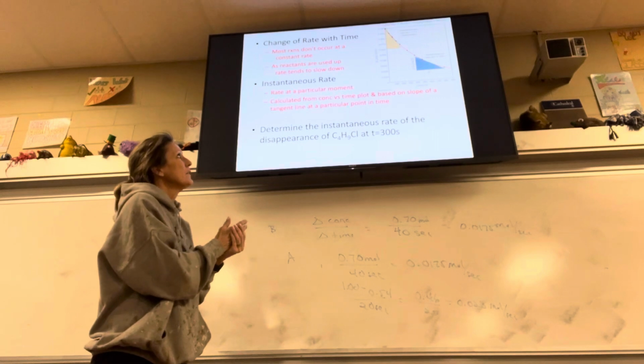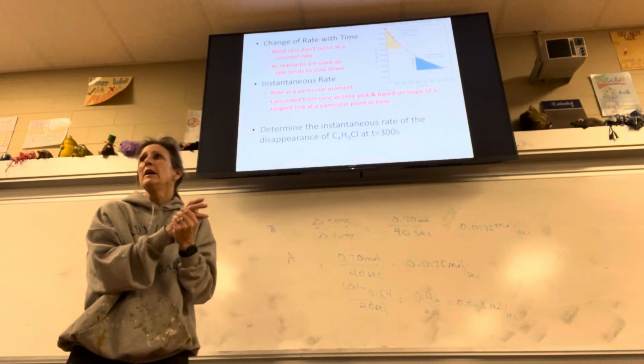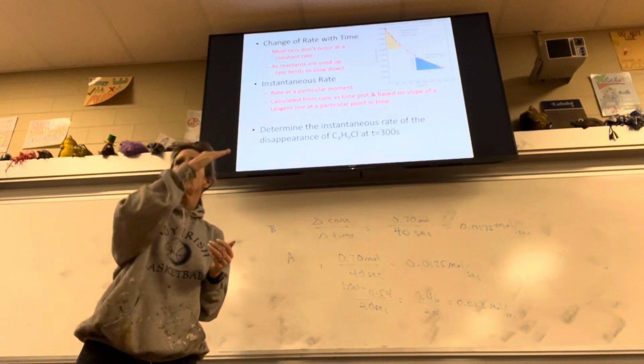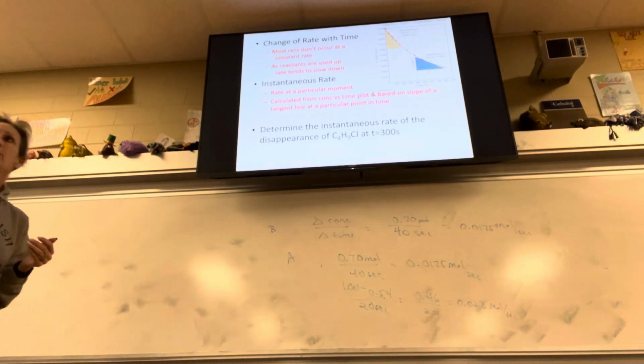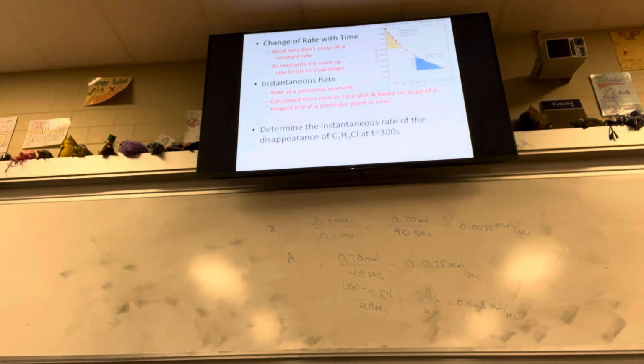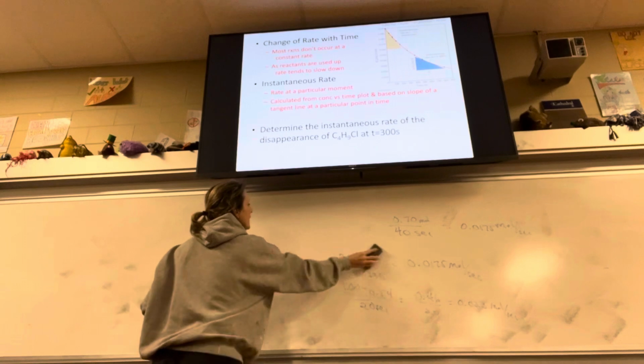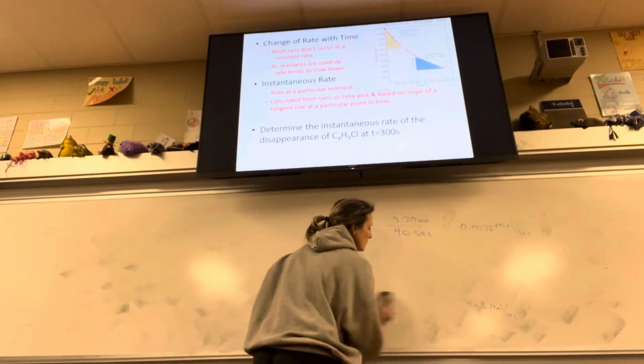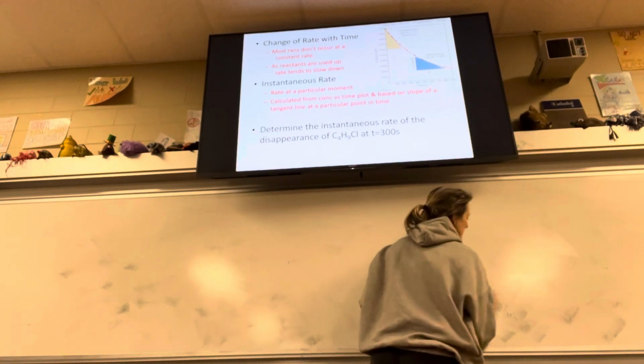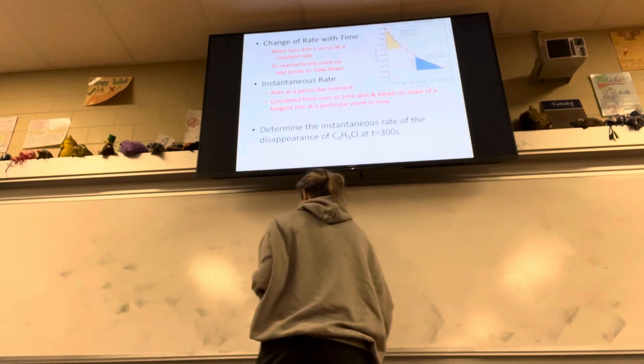We find that on the graph, and then draw a tangent line through that point on the graph, and then take the change in y, that's going to be our change in concentration, over the change in x, and that's going to be our change in time. So it's just like you do in math, figuring out the slope of a line. That's how we can figure out the instantaneous rate.